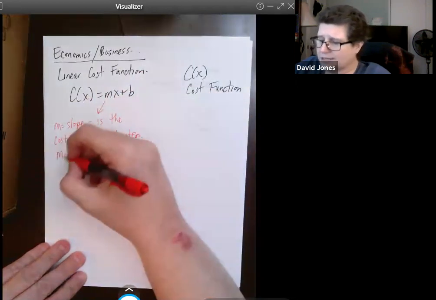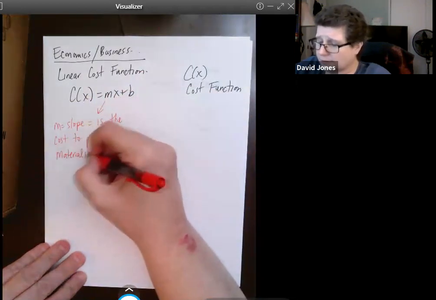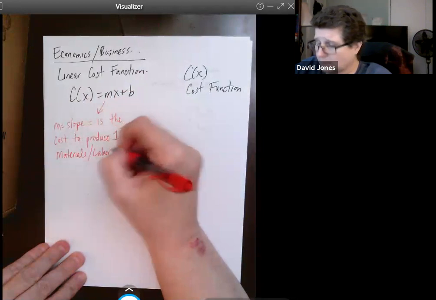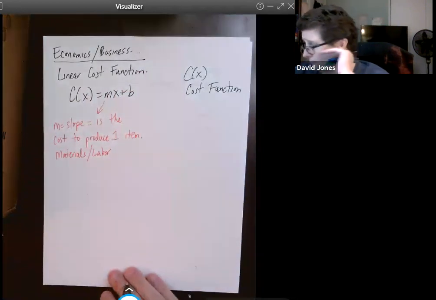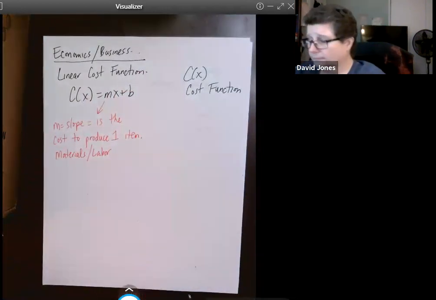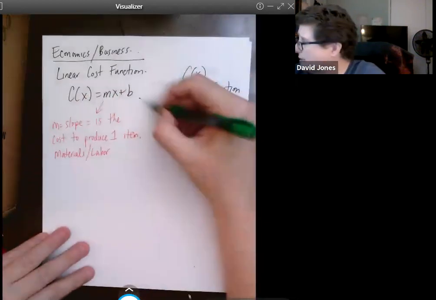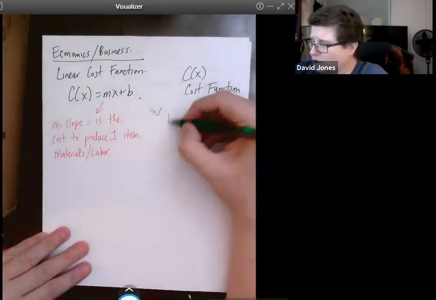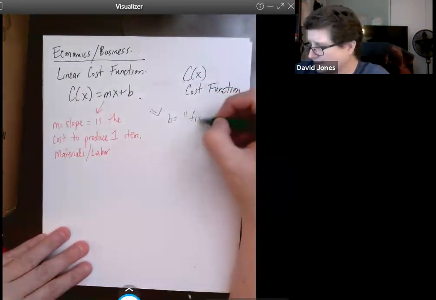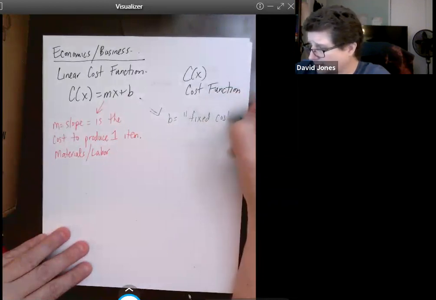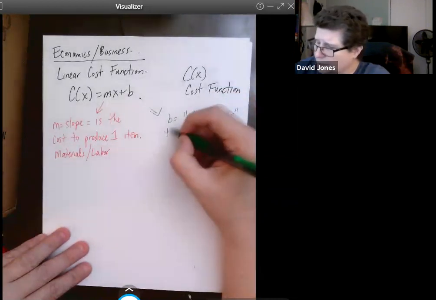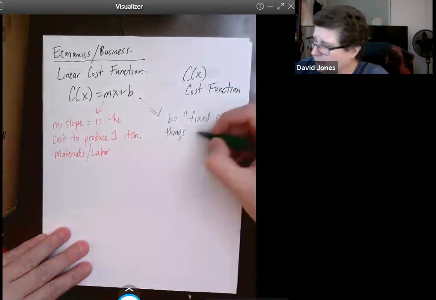This might include materials, labor, etc. B are fixed costs. Things you pay even if you don't produce anything.